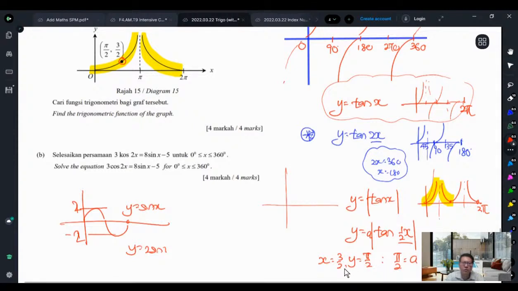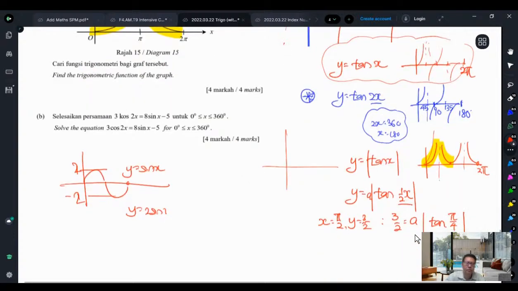X equals, it is the other way around. I put it wrongly. X equals pi over 2. Y equals 3 over 2 times tangent pi over 4.